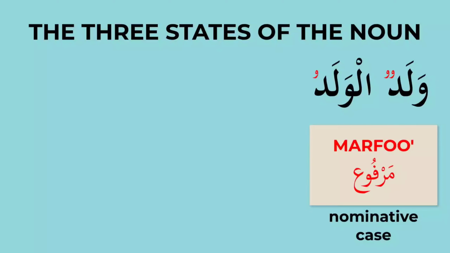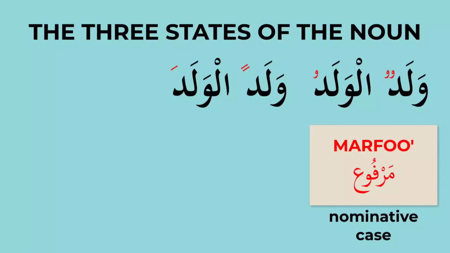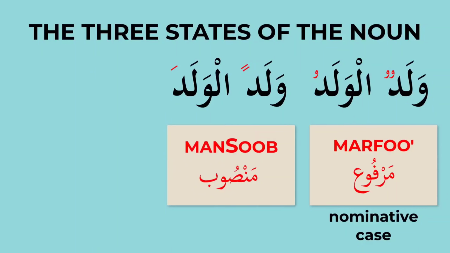Okay? Now if the noun ends with a fatah, be it a tanween or be it a one single fatah at the end of a noun, then we say it is mansoob. What is it, brother? It is mansoob.